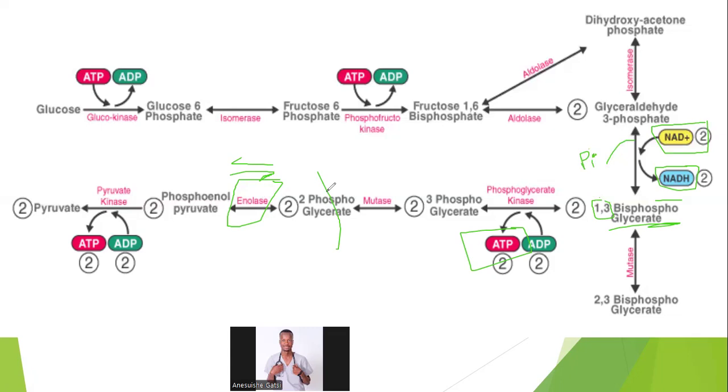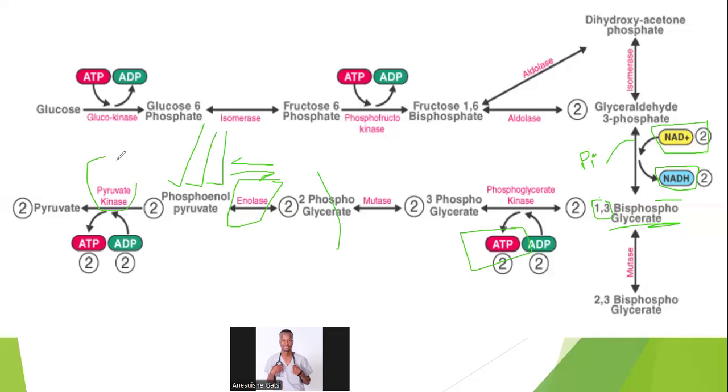And if I remember well, the textbooks will tell you that this PEP is a high energy molecule. And by high energy molecule, we mean when we are going to react it, we are going to get ATP molecules again. So when you then react phosphoenolpyruvate, you use an enzyme called pyruvate kinase.